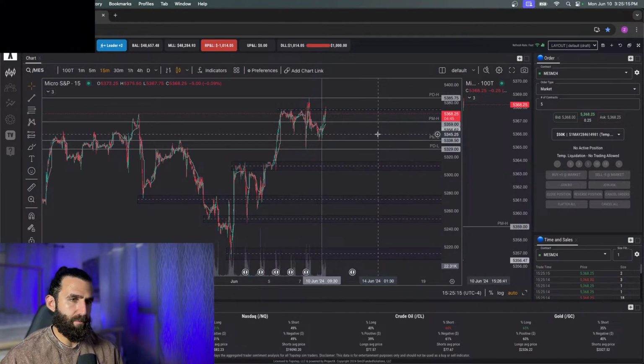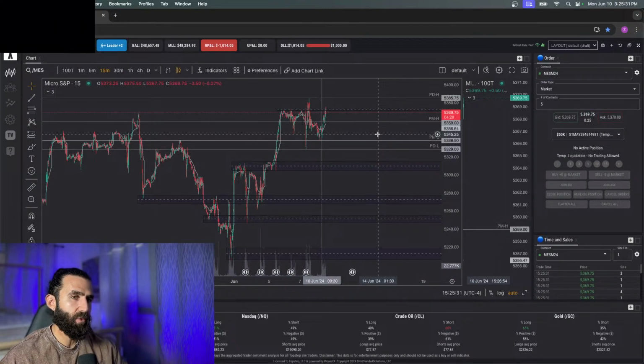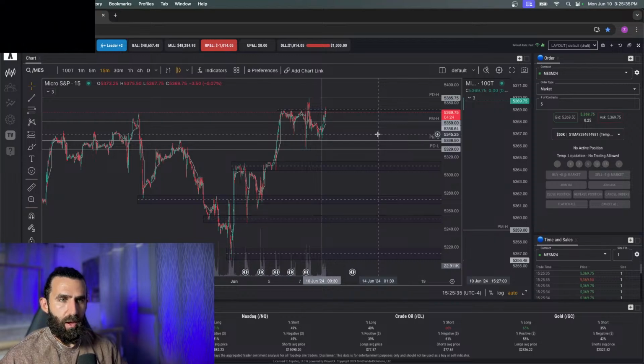Like people say, the news is always baked in. It's already in the price. It's already factored in, and the reaction is just the reaction. But I'm looking at Wednesday and the rest of this week with some red folder news, right near this all-time high level, as an important indicator of what we have coming up for the rest of the summer months.